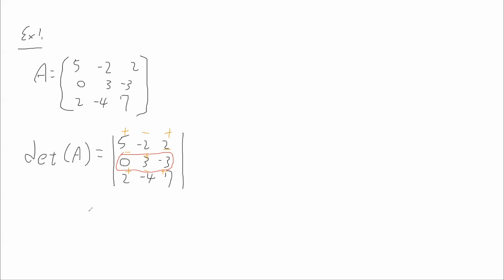To put this in use, we have to put these 3 numbers in first: 0, 3, and -3. I'm going to leave some space in between, and I'm going to add in the signs of those spots. So 0 is at the second row, first column, which is going to be negative, but negative doesn't affect 0. 0 is still 0. 3 is positive, that's plus. And at the last spot, it's negative right here.